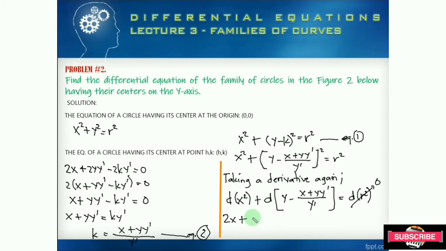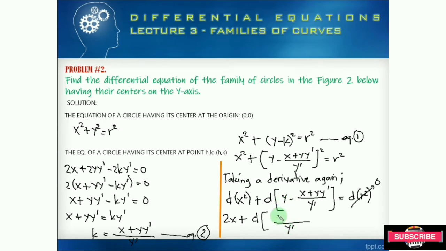Again, we need to simplify first, this one inside this bracket. So plus the derivative of, if we are going to simplify, we have a common denominator of y prime. So y prime divided by this, actually this is y over 1, so y prime divided by 1 times y.